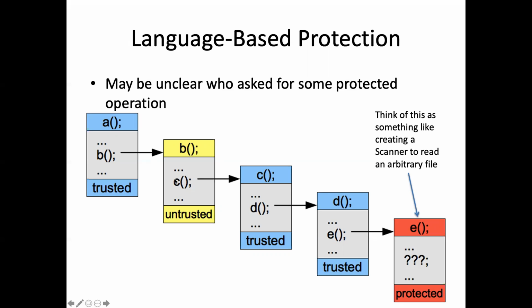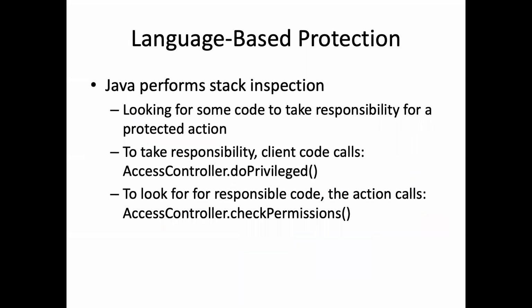So Java, for protected information, provides a mechanism for looking up the subroutine call stack, the method call stack, and trying to decide who asked for this operation to be called. Within Java, it takes some additional code.